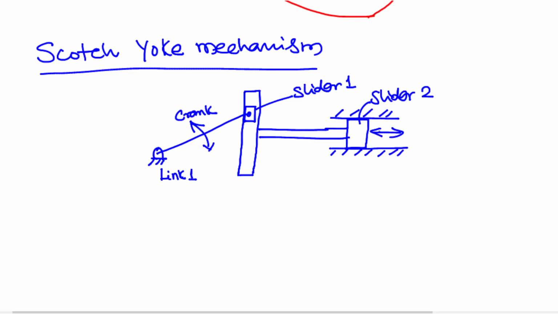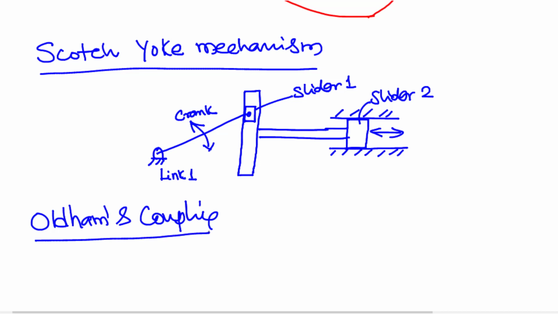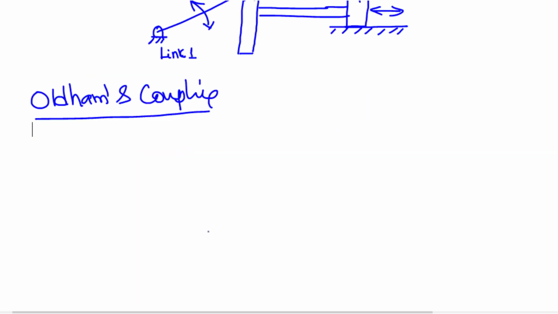And Oldham coupling, it is used for connecting two parallel shafts whose axes are not the same, at a small distance.